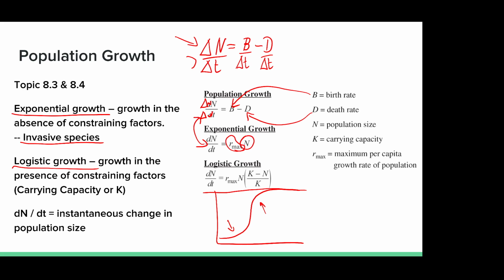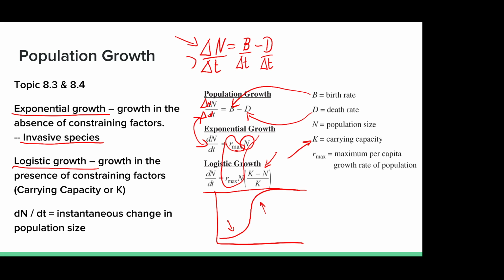For logistic growth, note that part of it is identical to exponential growth, but then we have a constraining factor of (K minus N) over K. You're well advised to be thinking at this time, well, what is K? K is carrying capacity, and N is the population size.